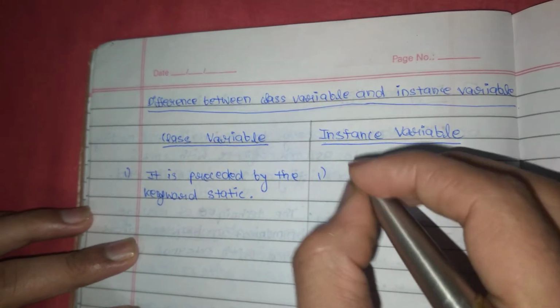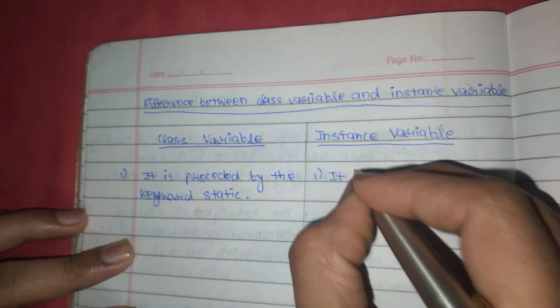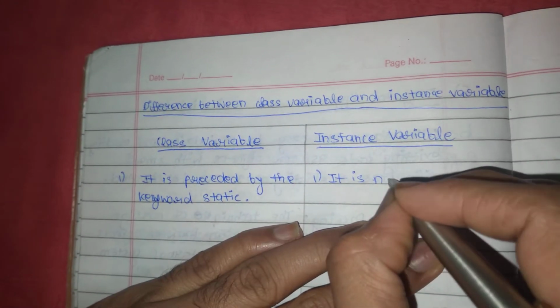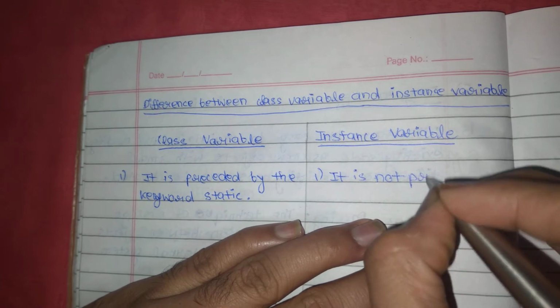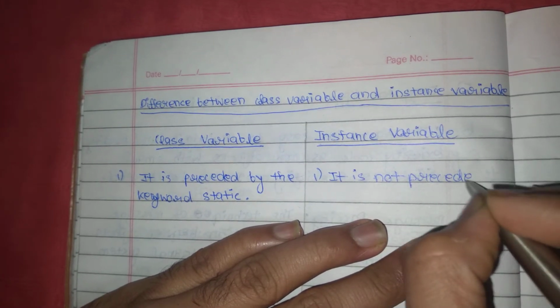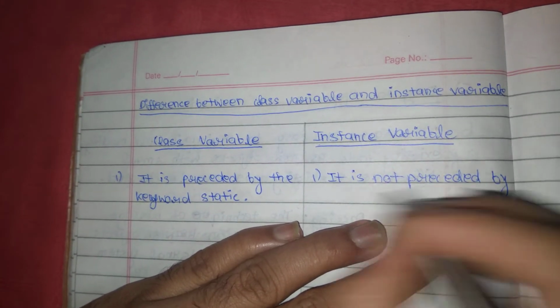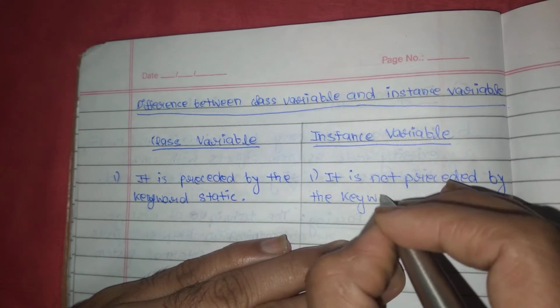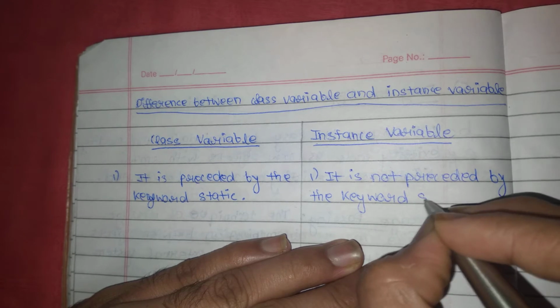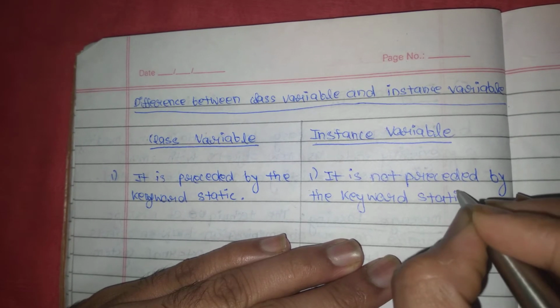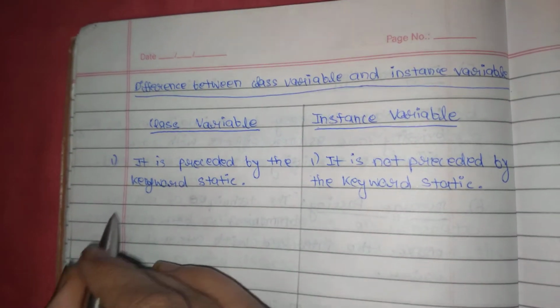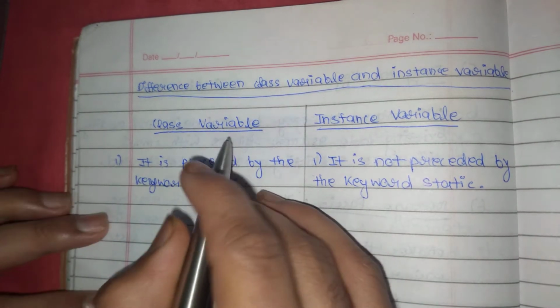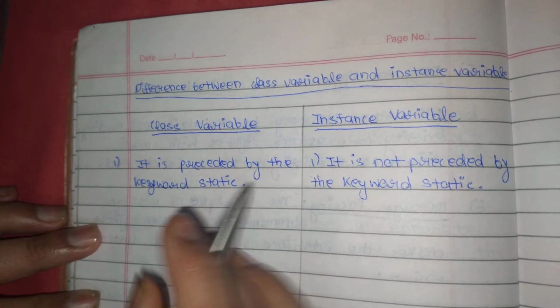And an instance variable is not preceded by the keyword static. It means that when you have to create a class variable, you must write static.